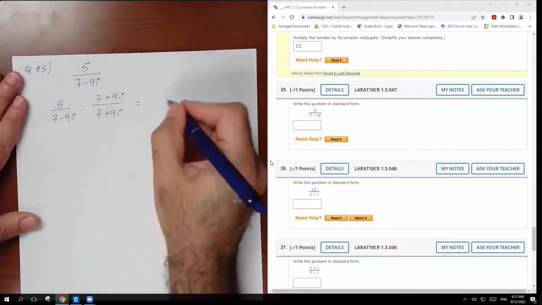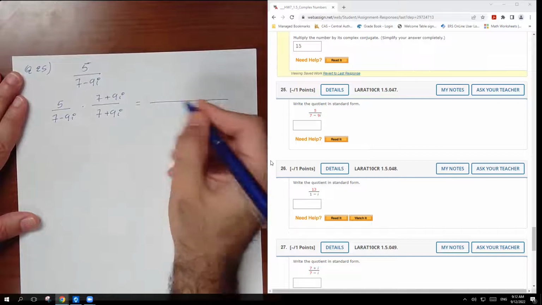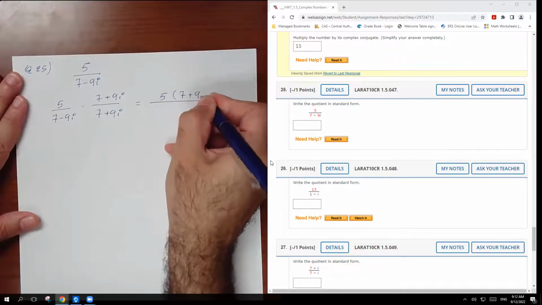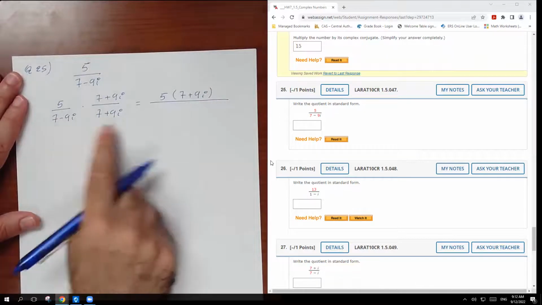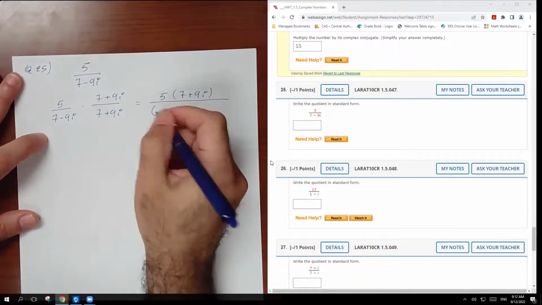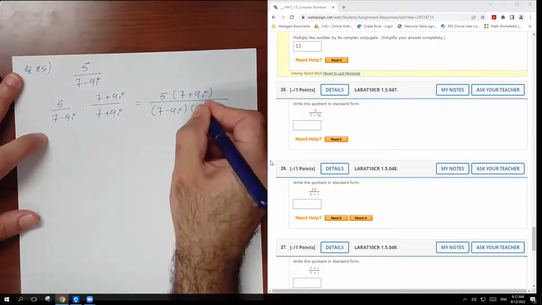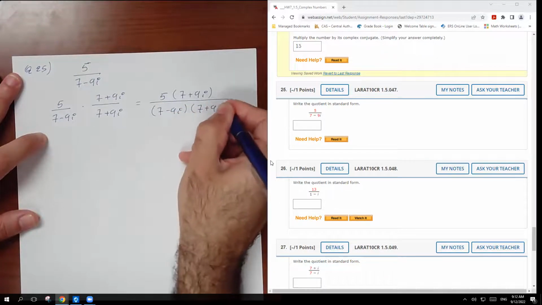So this one is going to be, on the top part, 5 times 7 plus 9i, and on the bottom part is 2 parentheses, 7 minus 9i times 7 plus 9i.